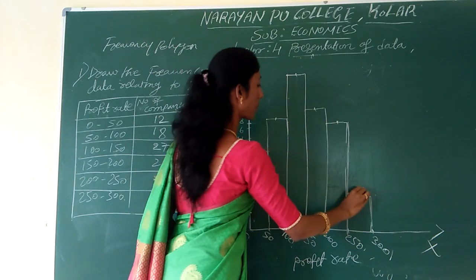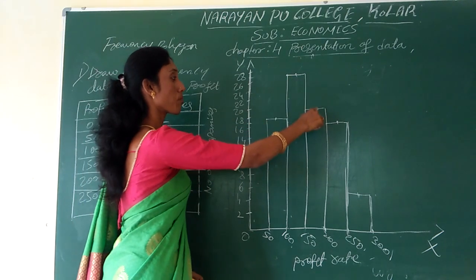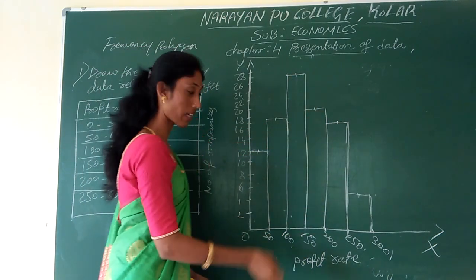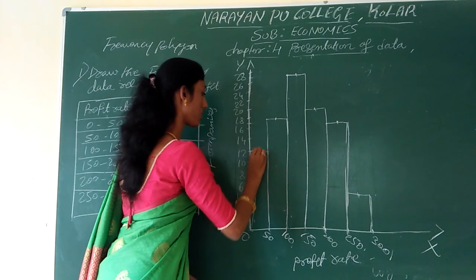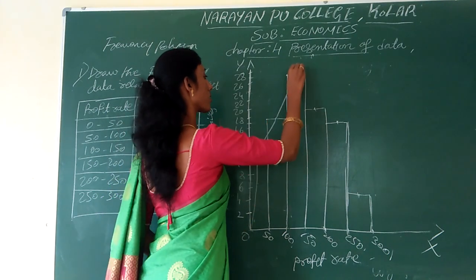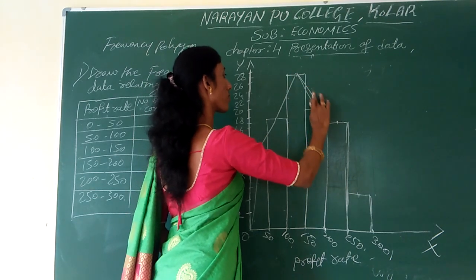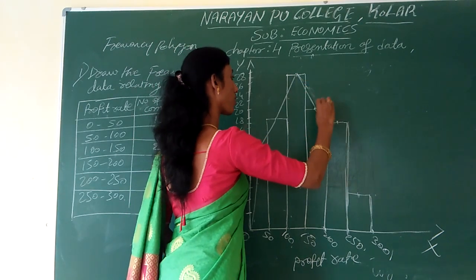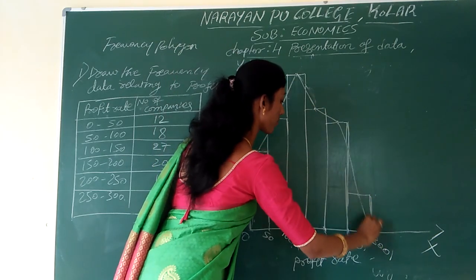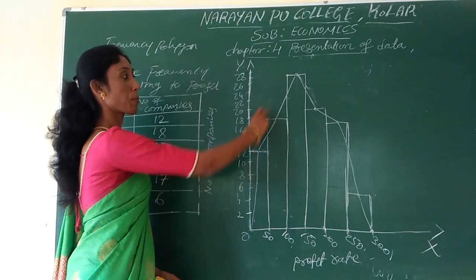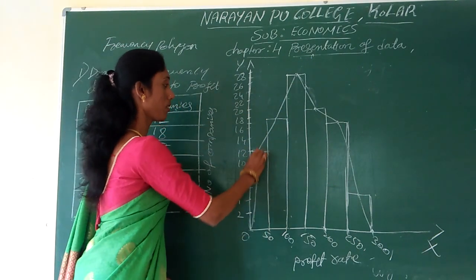Now we need to join all these midpoints of the top side of the rectangles. It starts from here. This is the frequency polygon from here to here.